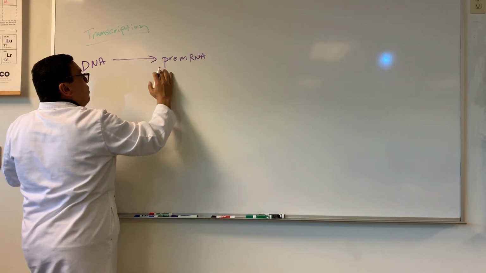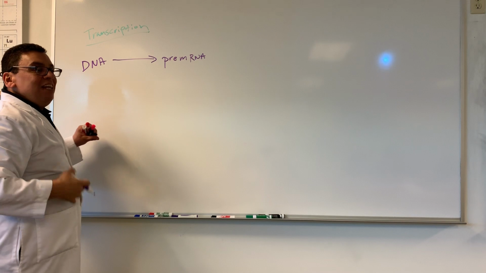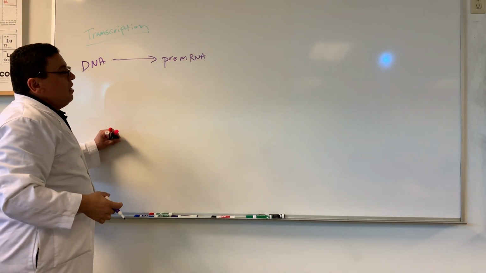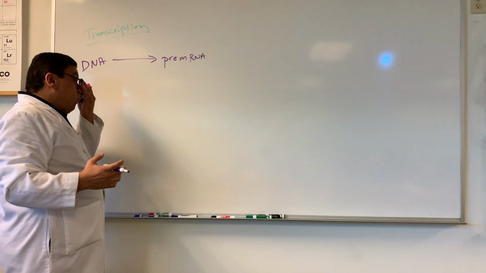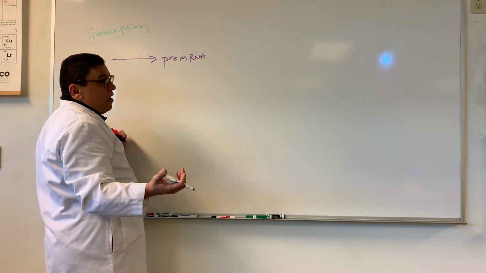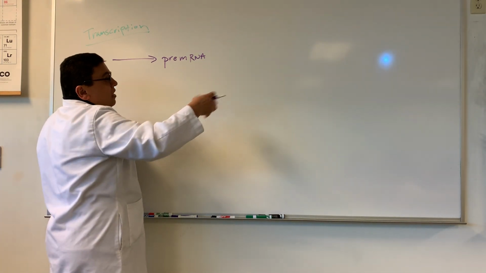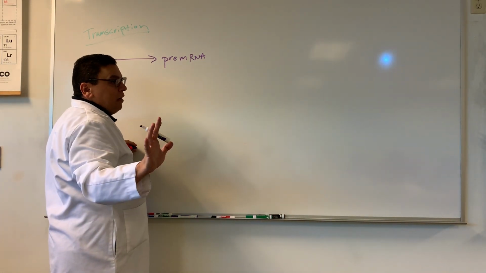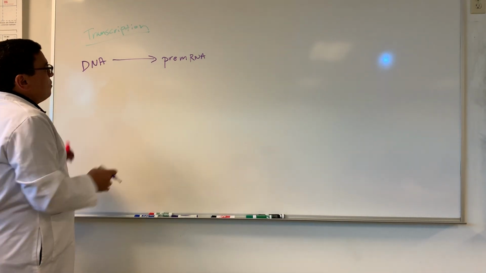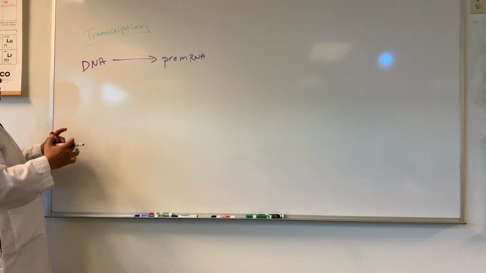So this would be called the primary transcript, the initial transcript. It is not mRNA yet. It's not mature mRNA yet. Once it processes, it becomes mature RNA. We'll talk about that. So the first step is transcription. That's DNA being copied into pre-mRNA.